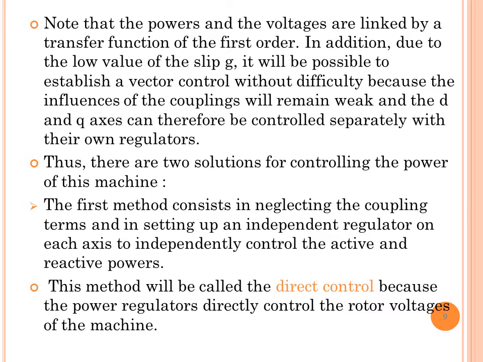There are two solutions for controlling the power on this machine. The first method consists in neglecting the coupling term and setting up an independent regulator on each axis to independently control the active and reactive powers. This method will be called direct control because the power regulators directly control the rotor voltage of the machine.